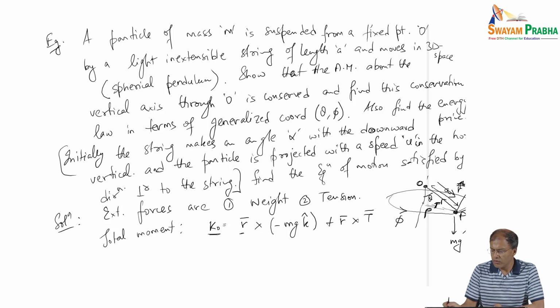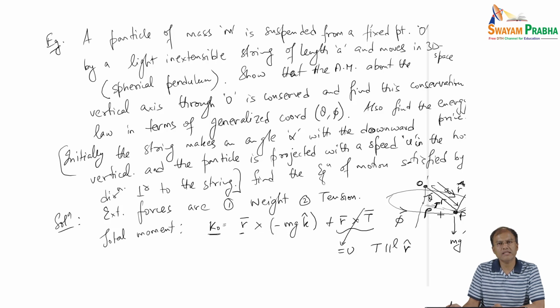So we see that r cross T is going to be 0, because T is parallel or anti-parallel to r hat. T is the tension in the string which is acting along the string, so this is along the r direction. So now we are left with the total moment being completely given by the weight of the system. So K0 is minus mg r cross k.